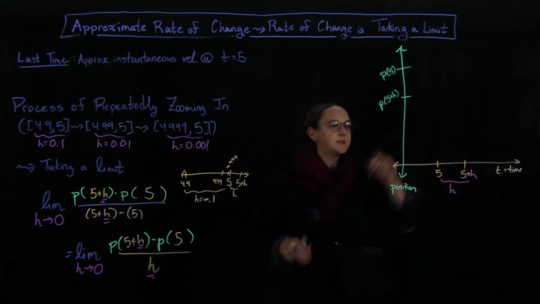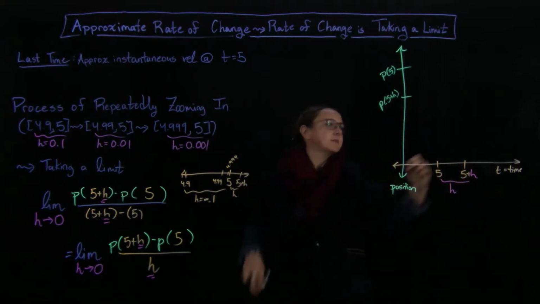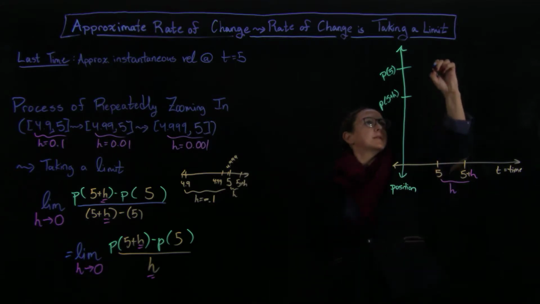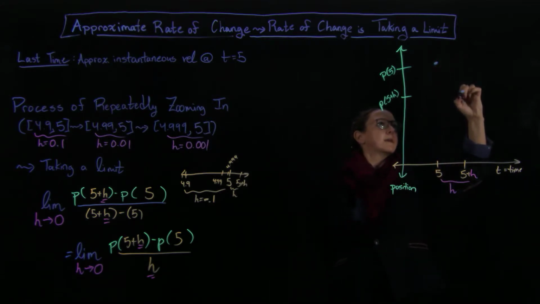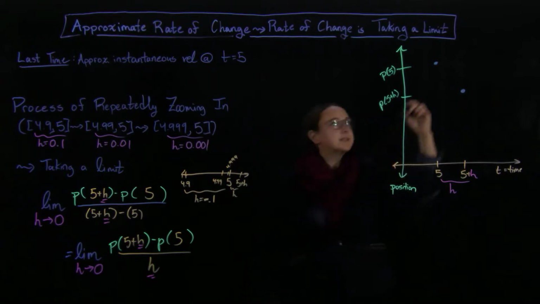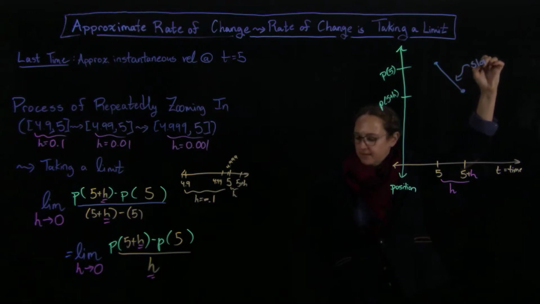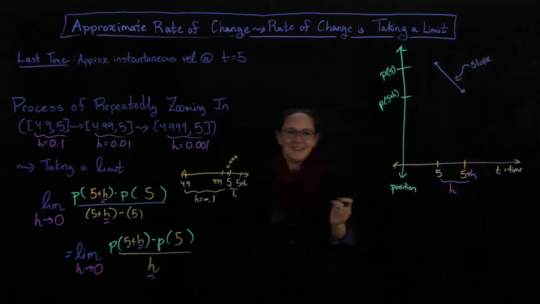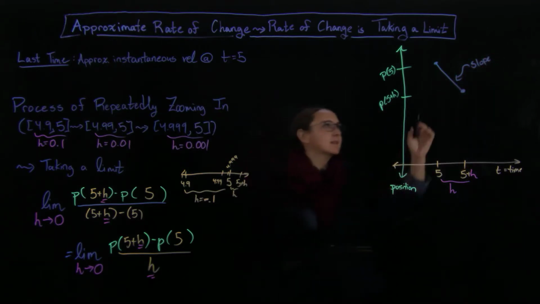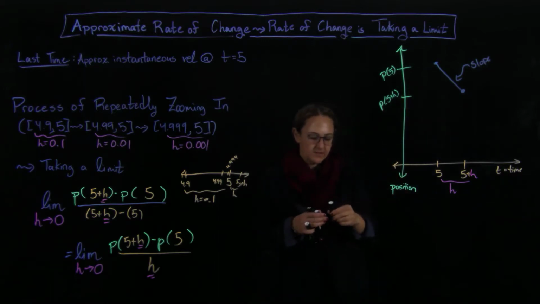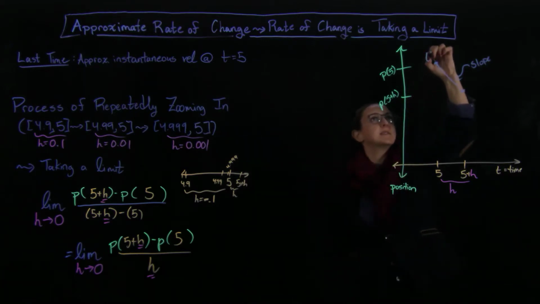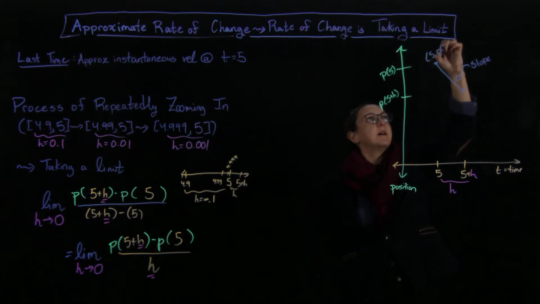If these are the two values there, at each of these steps I'm actually looking at this slope. What are these points here? Let's be specific. This is the point 5, p of 5.